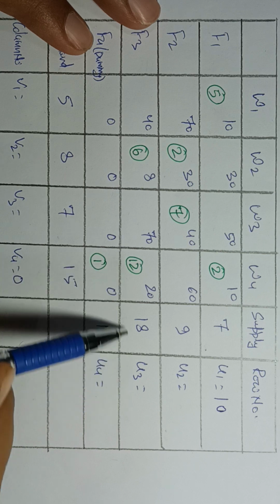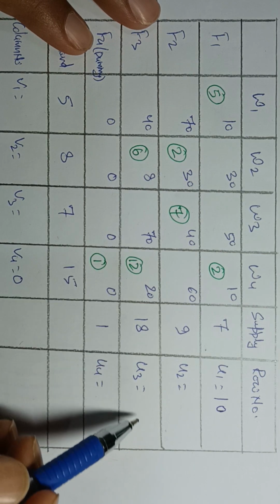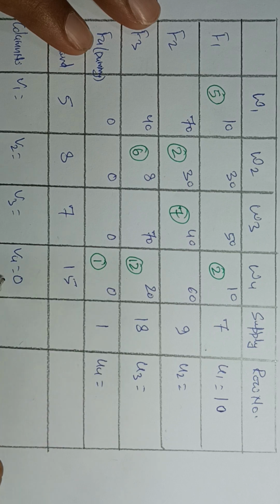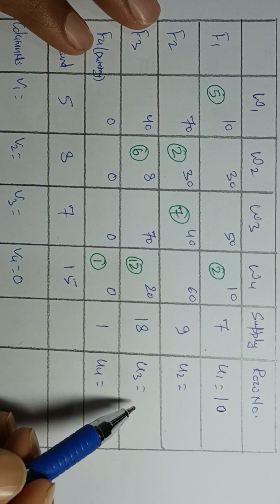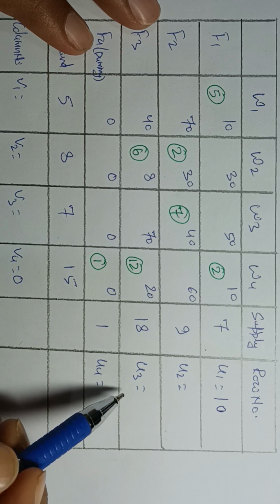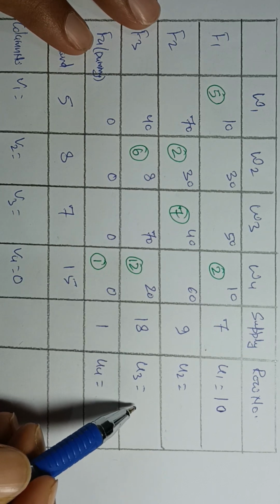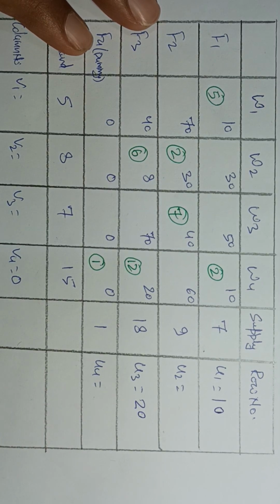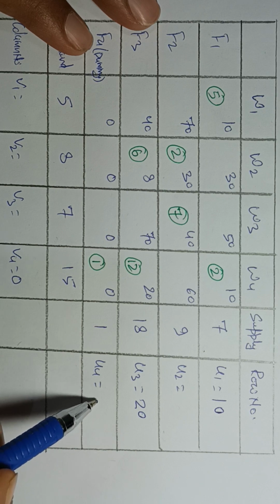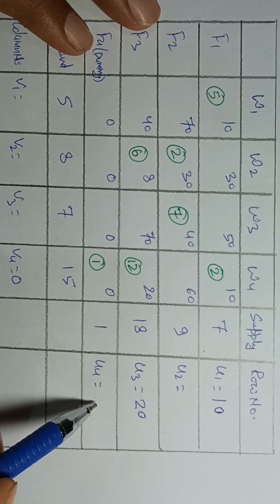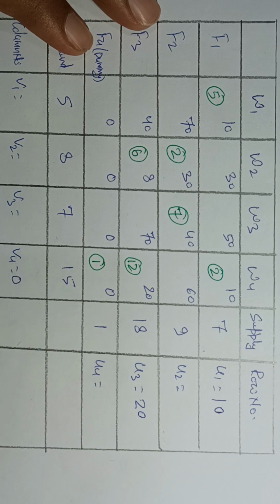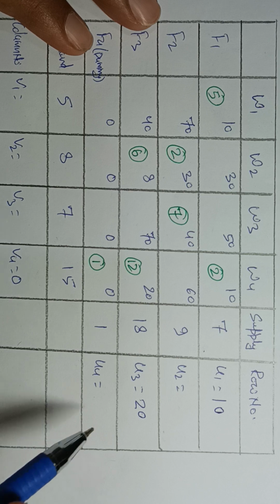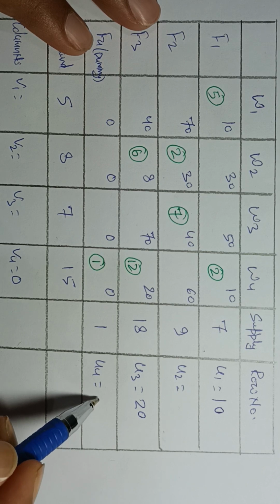So I'll calculate u3 with the help of v4 and u3, c20, so u3 will become 20. Here also u4 will become 0.